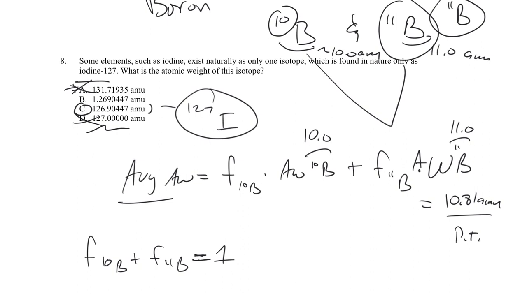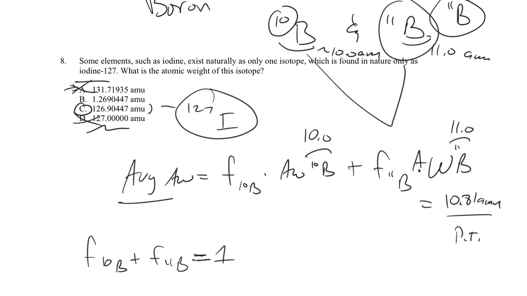If it's either one or the other, then the two fractions have to add up to unity. That's basically saying if it's 50% one, it's 50% the other. If it's 30% the one, it's 70% the other. In fractions, it would be 0.5 and 0.5, or 0.3 and 0.7.